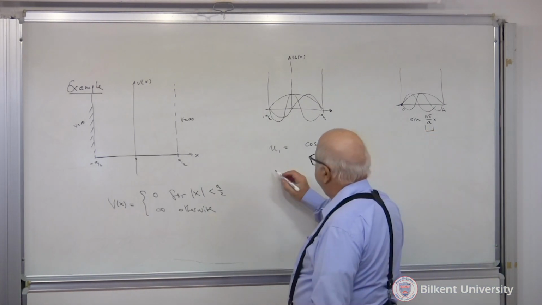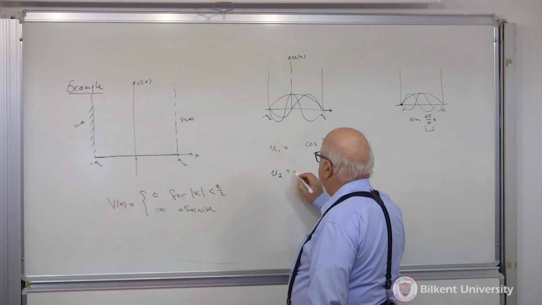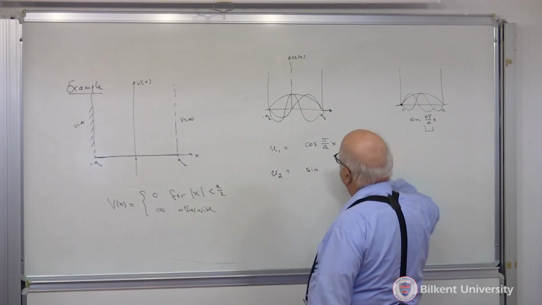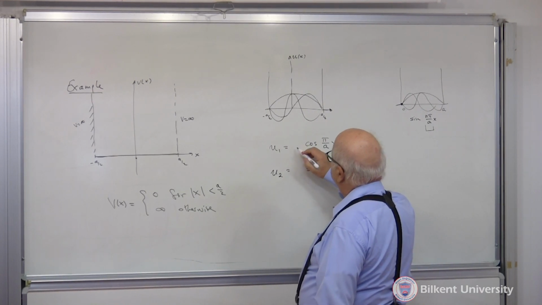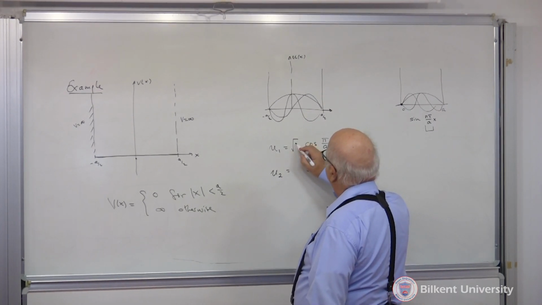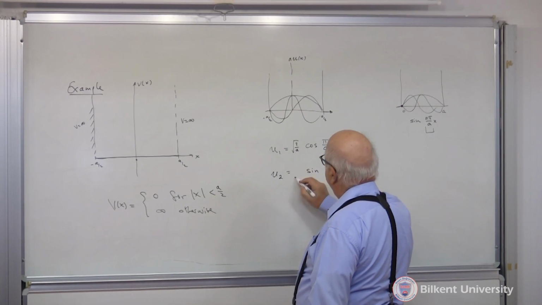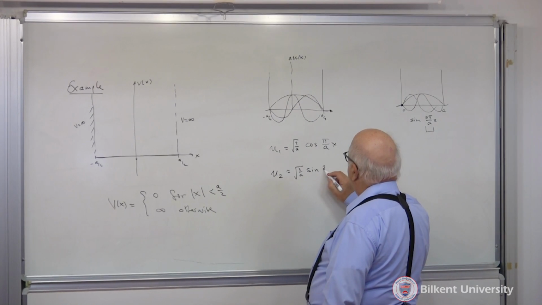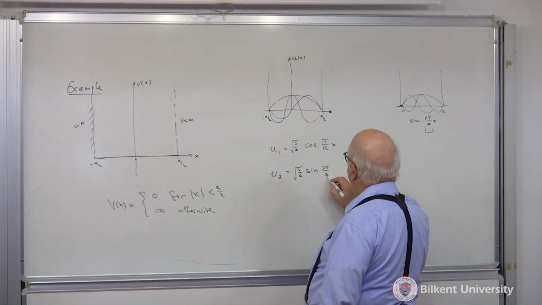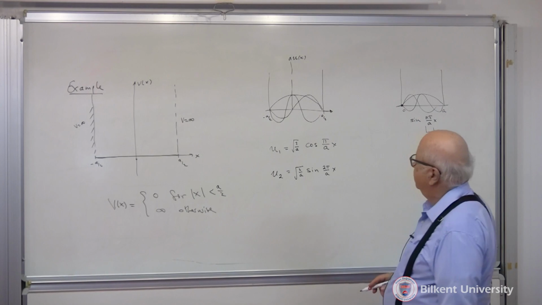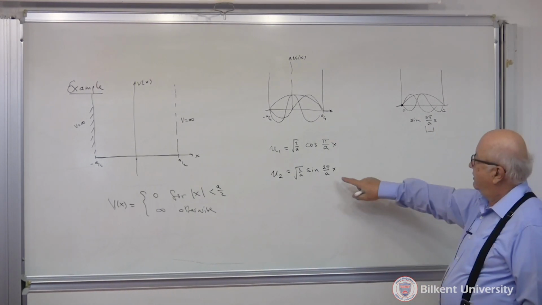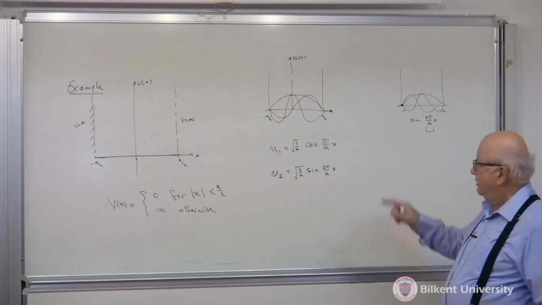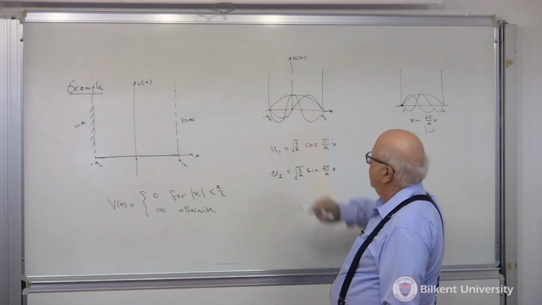The second one is now going to be a sine function. By the way, I also had normalization for these things, right? What was that? Square root of 2 over a, right? That doesn't change. So sine 2 pi over a x for u2. So you can again check that this goes to 0 at plus or minus a over 2. But now this also goes to 0 at the origin.